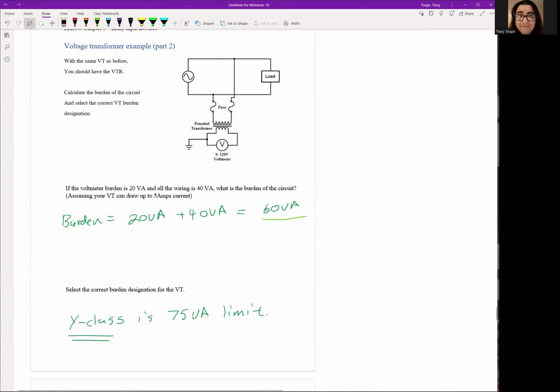So we're in the business of saving money. Choose the right class for the right fit. So at the end of the day, tell the manufacturer 12.47 kV primary, 115 volt secondary. That's my VT ratio. My burden is 60 volt amperes. So go ahead and give me a Y class rated VT and they'll know exactly what you're talking about.